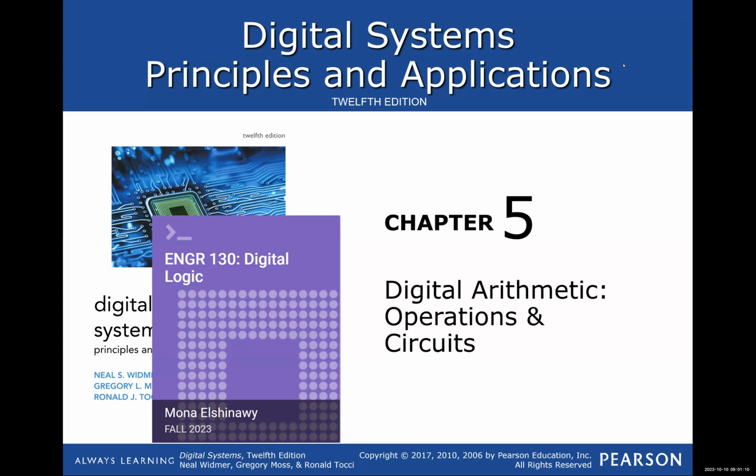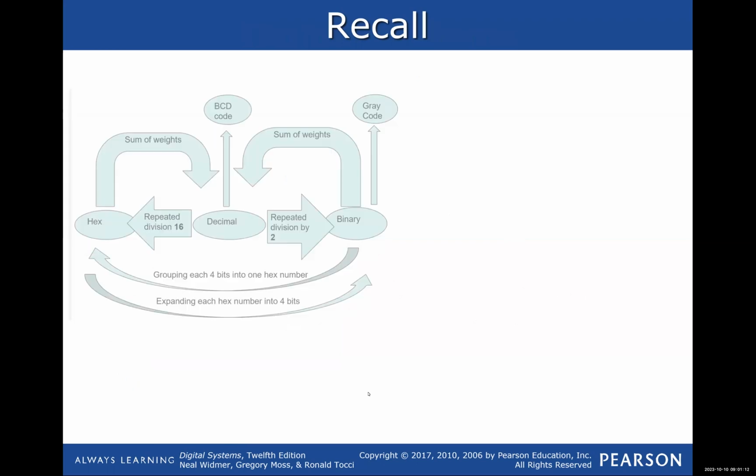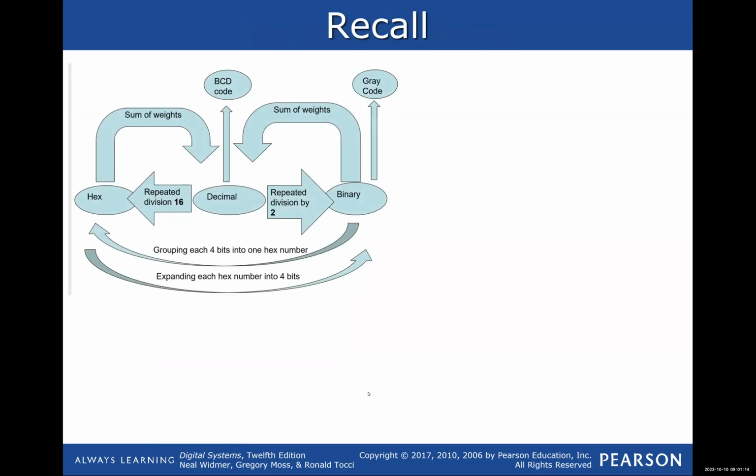As a recall, from last time we talked about all the numbering systems that we've learned about: the decimal, the hex, the binary. How can we convert from one numbering system to the other? We also talked about binary numbers, signed and unsigned, and this is crucial when we start to talk about adders and subtractors, like the one that you see in your calculator, for example.